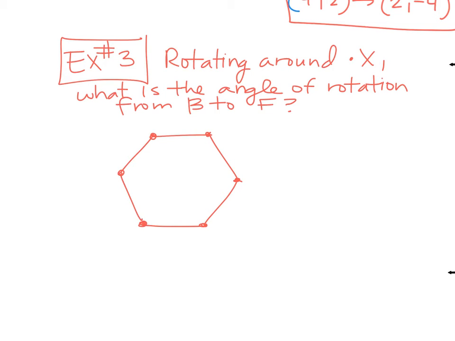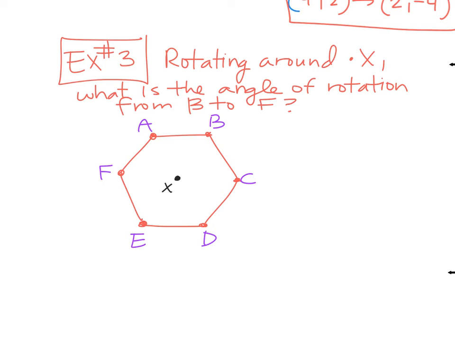Okay, and here's what you have. You have A, B, C, D, E, and F. Now this one's going to say don't use your protractor, it's not drawn to scale. So you can't just measure what you want to measure here. But we're going to be rotating around this point right in the center.